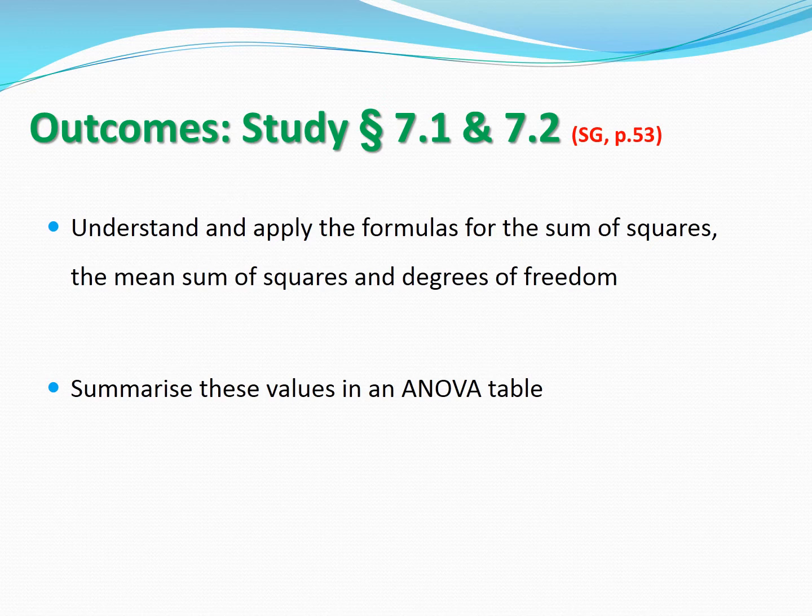If you look at the outcomes in the study guide, you should be able to apply the formulas for the sum of squares, the mean sum of squares, and the degrees of freedom. All these measures can then be summarized in a table, which we call the ANOVA table, and these values will then be used in the hypothesis test later on.